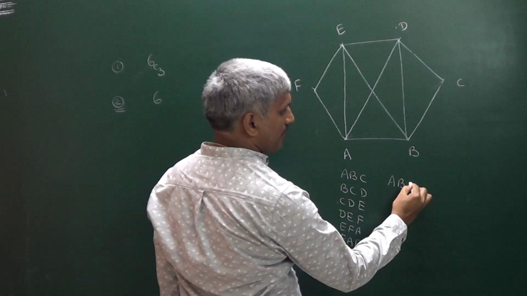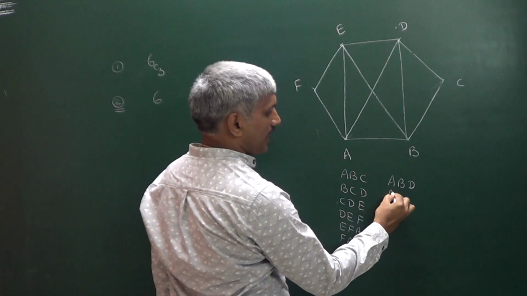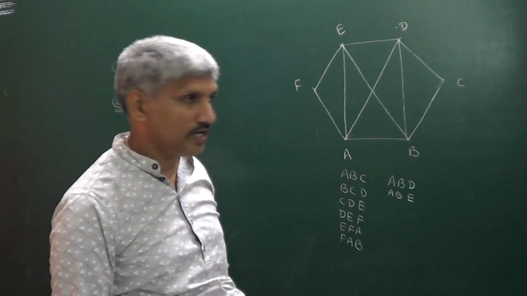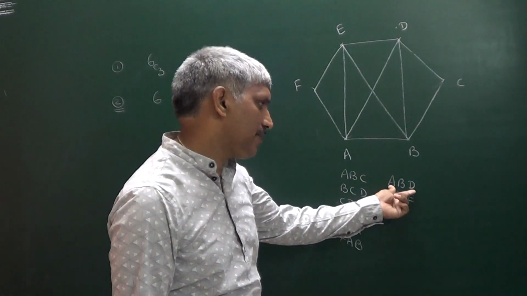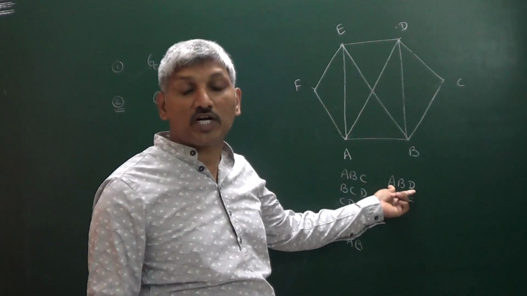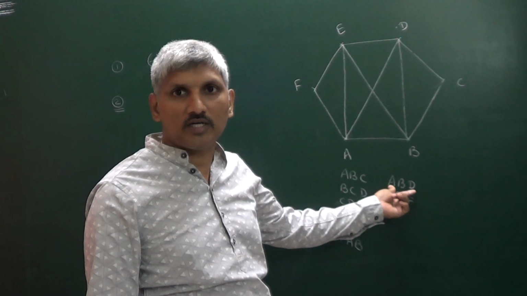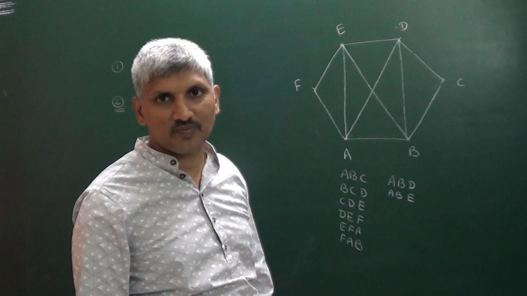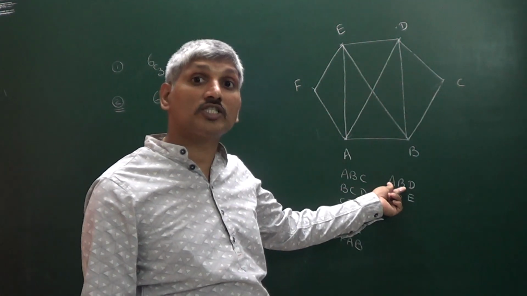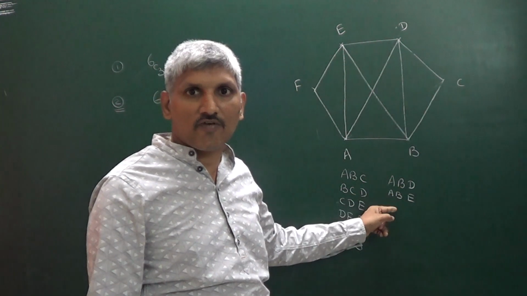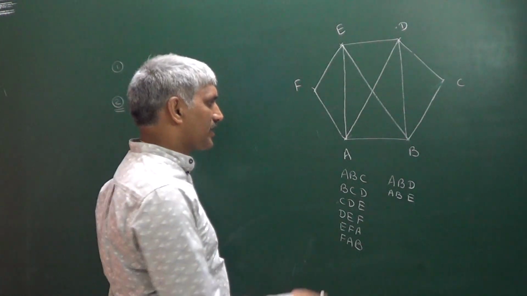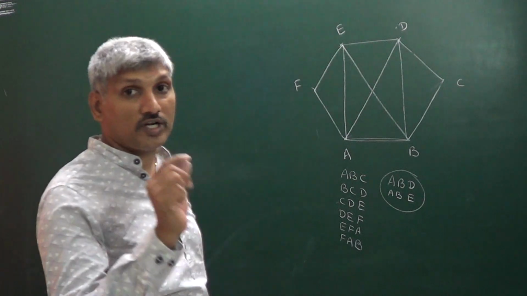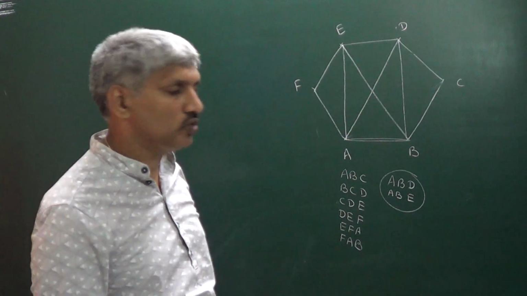So that's why ABD one triangle, ABE another triangle. If you are taking the side AB, see, observe the triangle ABD. There is only one side common with the sides of the polygon or not? Because this AB is the side of a hexagon also. This AB is also the side of a triangle. Exactly one side common. If I am taking the side AB, we got 2.